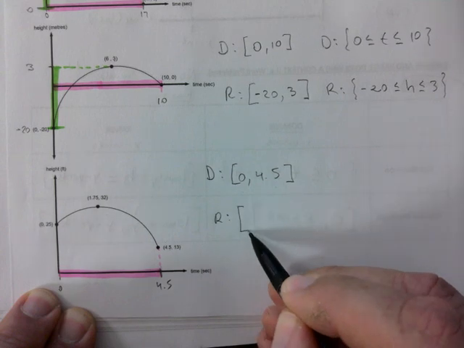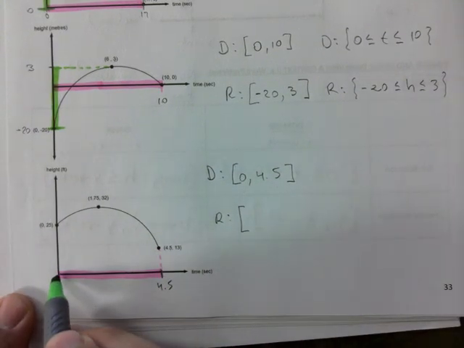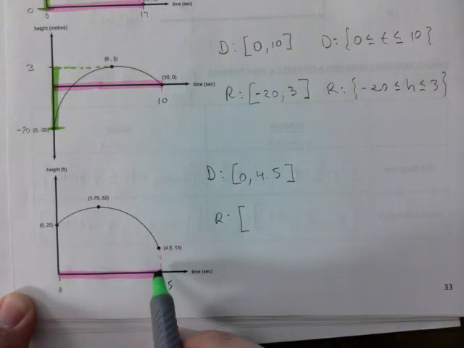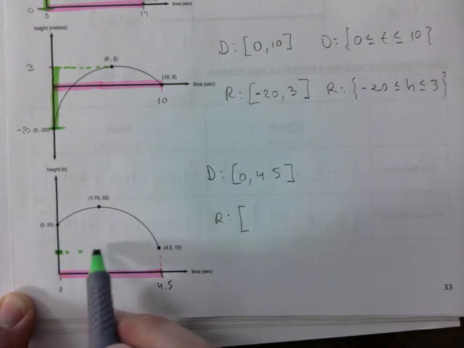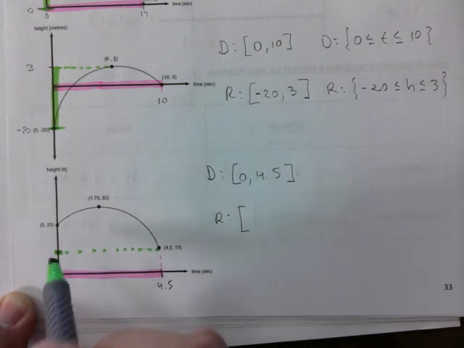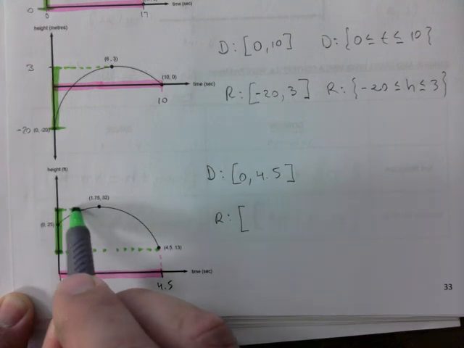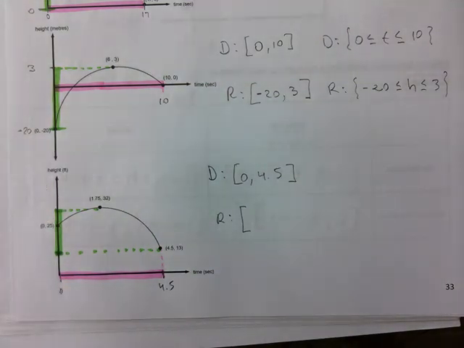Range. Do I start at 0? Nope, because there's no curve in this stretch here. So I actually have to start here, lining up with that lowest point, and then keep traveling. I see curve, stops right there. So basically figuring out the y values that are acceptable for this scenario.